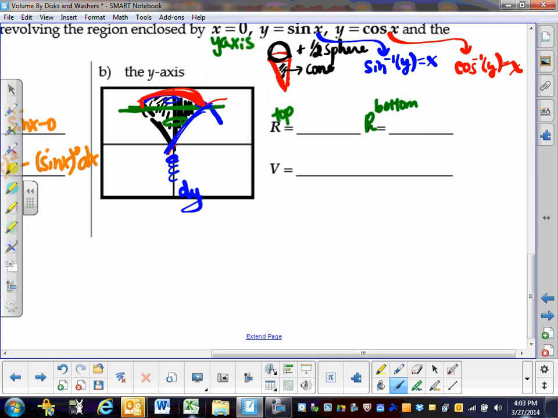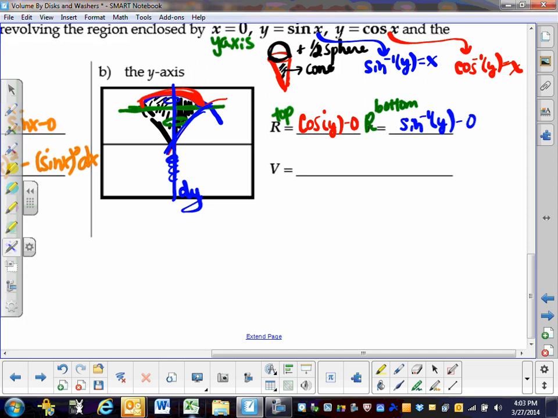Okay, so now for the bottom part, for just the cone part of our shape, our radius is determined by the 0 and the sine graph. So the bottom part is sine inverse of y minus 0. The top part, the ice cream part that domes up, is the cosine graph minus 0. So our radii are going back and forth in this direction that we have here.